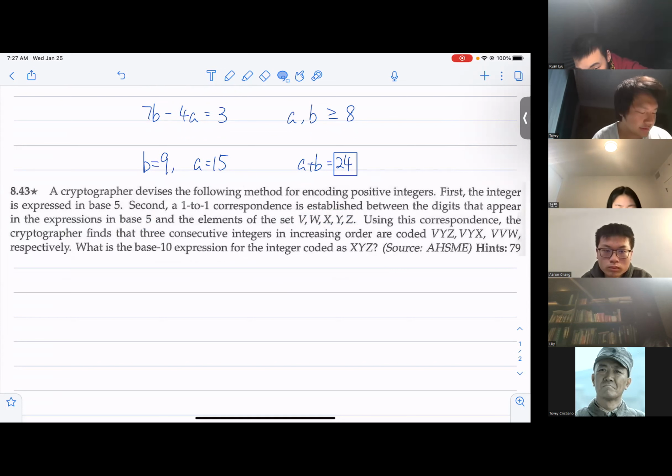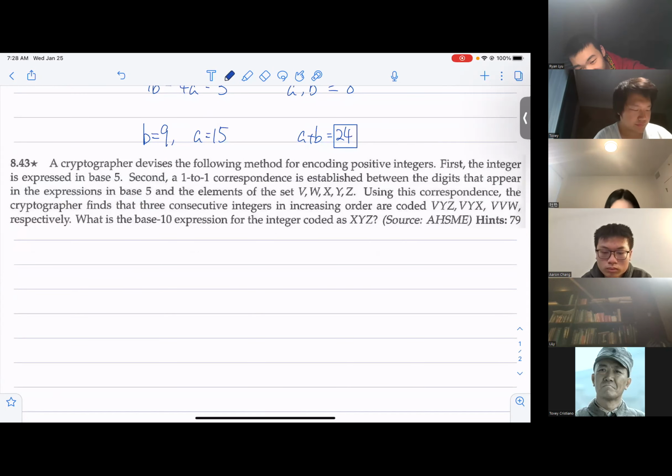And the engineer is using these 5 numbers to code some integers. And he finds that 3 consecutive integers are coded VYZ, VYX, and VVW. And he's looking for what XYZ is coding in base 5 and finding its base 10 expression.